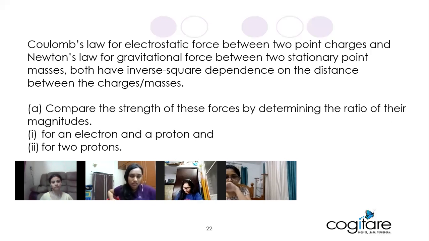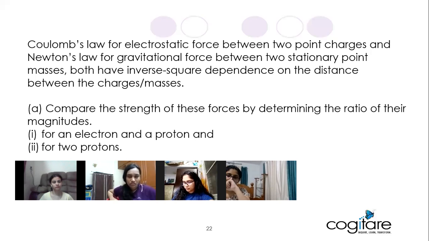Okay. Likewise, electron and proton are also charges, positive, negative. That means electrostatic force also will come into picture. So what we are trying to do in this is, you take two charges, one proton, one electron. Their masses we know. Have some distance between them. Any distance L you take. Then you say, as per Newton's law, what is the force of attraction between them?